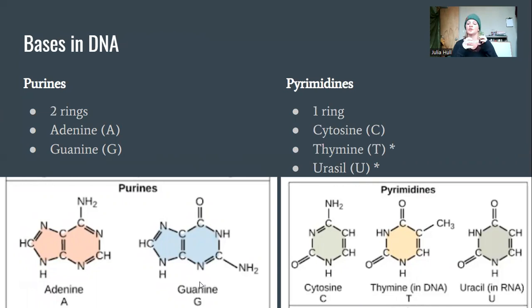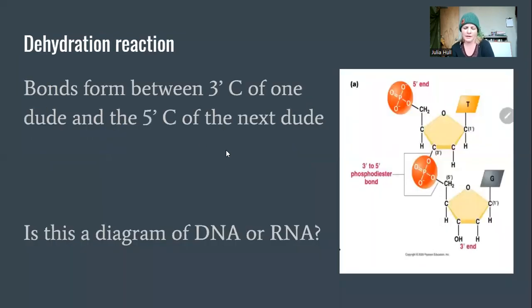Our purines, they have 2 of these carbon rings. This nitrogen, that's what makes it a base. And then the pyrimidines, they just have the 1 ring, cytosine, thymine, and then uracil. So we'll get to that in just a minute.